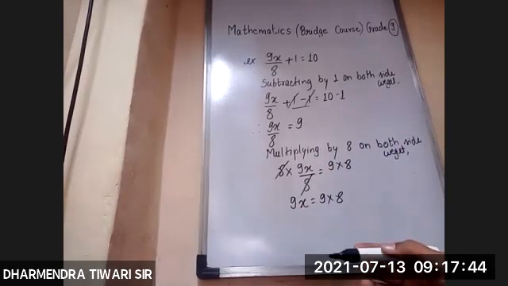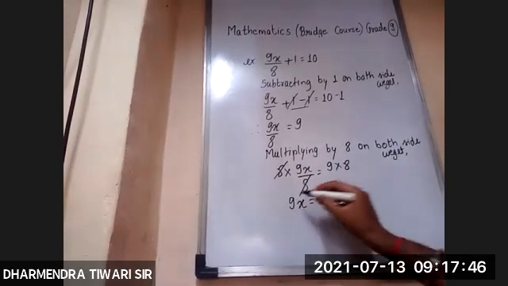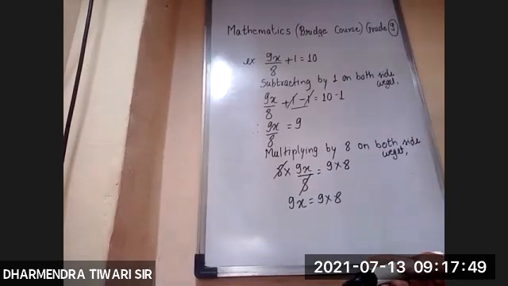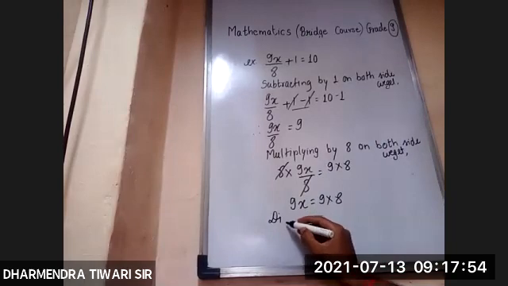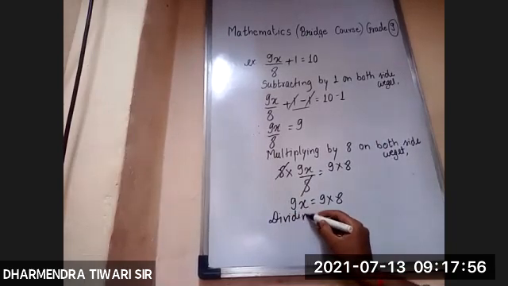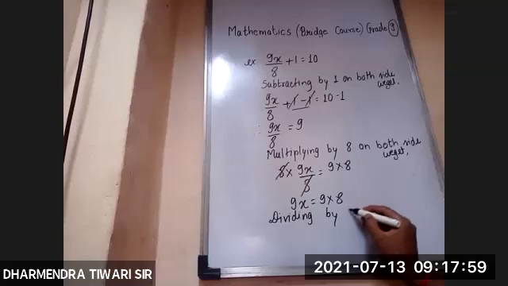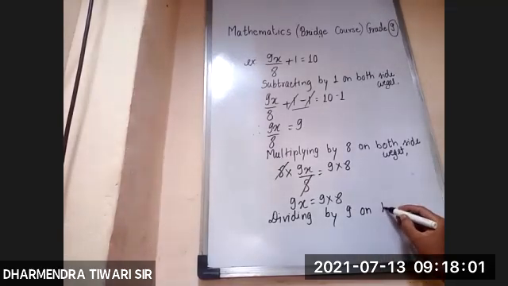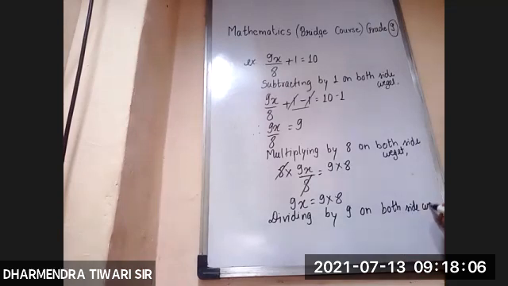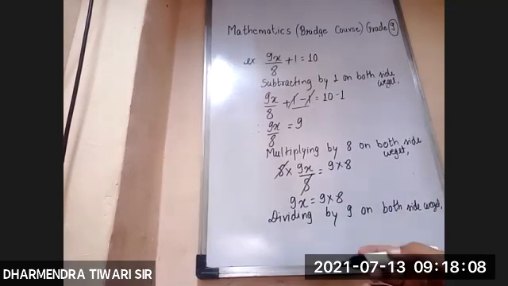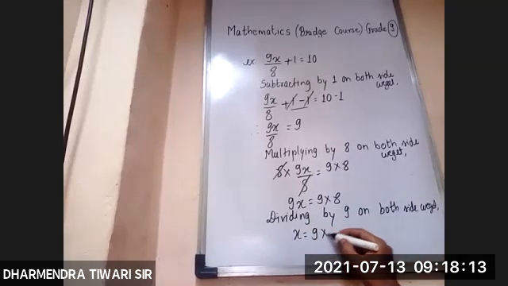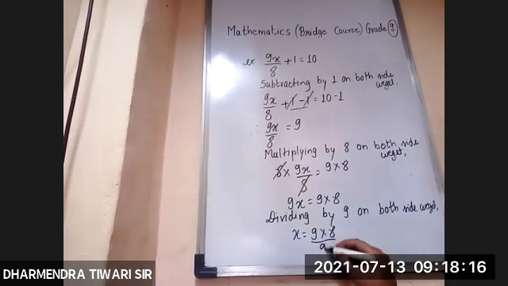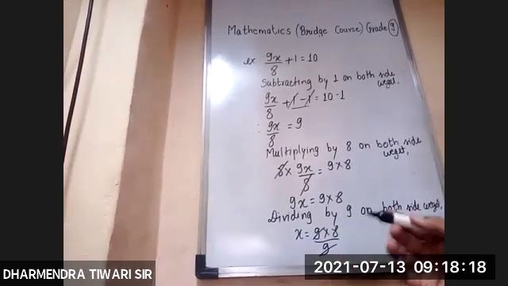Who else is creating a problem? We can see that 9 along with x is creating a problem. We can divide by 9 throughout. So dividing by 9 on both sides, we get 9 into 8 divided by 9. 9 gets cancelled up.